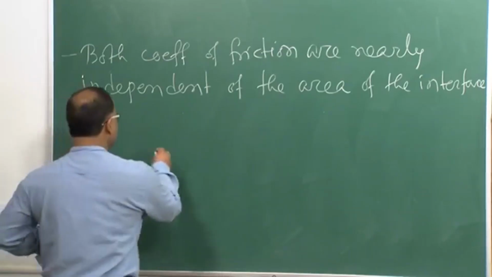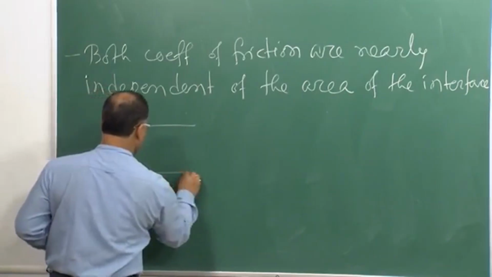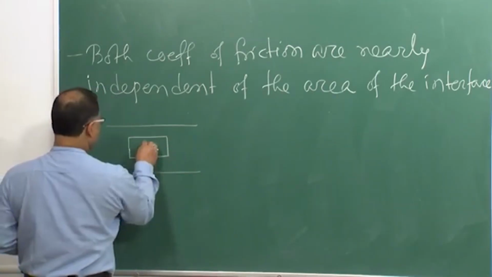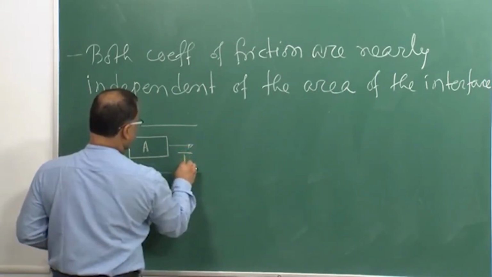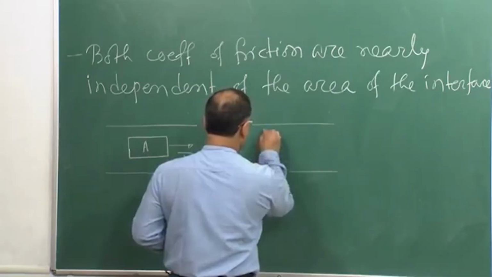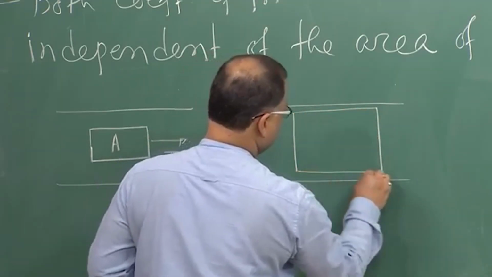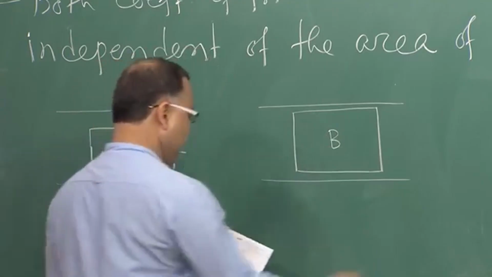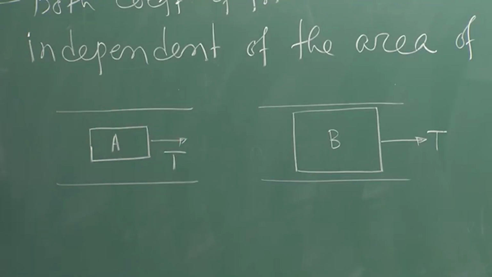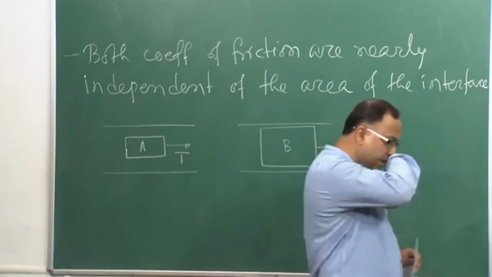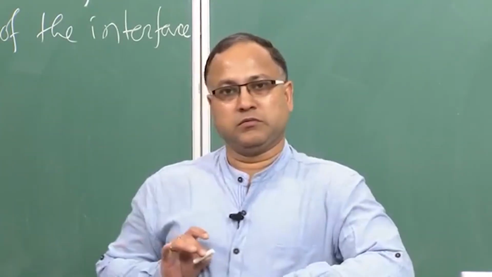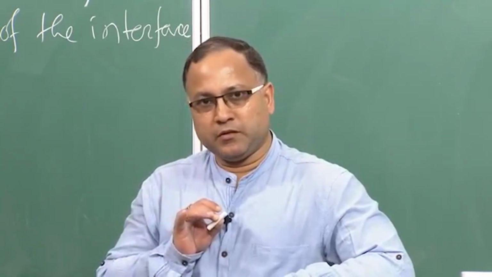Suppose in the plan view this is one surface and this is a block, say block A. You are trying to pull this block A with a force T, and on the same surface you take another block which is bigger than block A, and you pull it with a force T, and both blocks give the same amount of reaction force N. What is N?